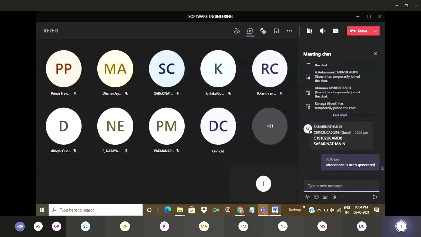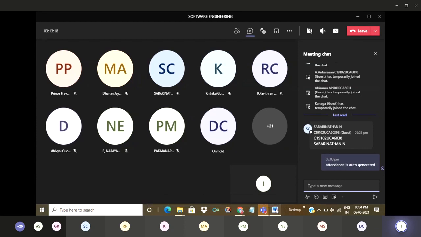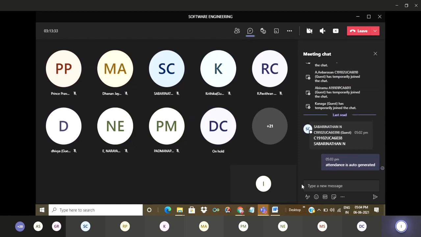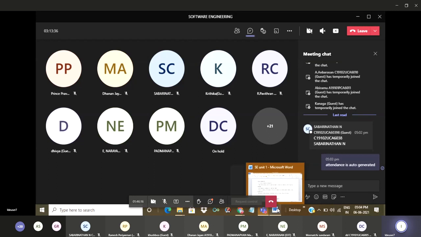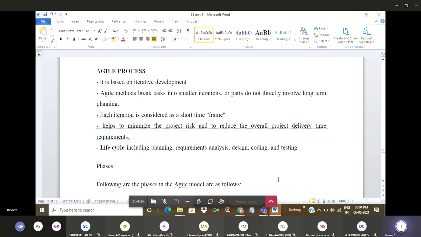If you have given your register number in your last name, that will register as it is, like Anbarasan, who has given his name with his register number. If you have given only your name, there is no problem, because attendance is auto generated. After the meeting gets over, it will show the exact time, like Prince Praveen was in the meeting these many hours. It will display automatically, there's no need to worry.